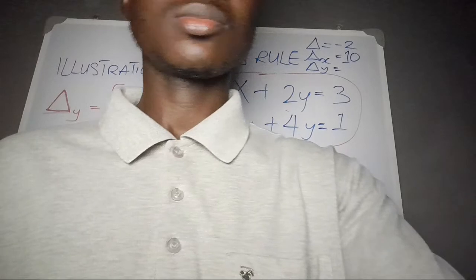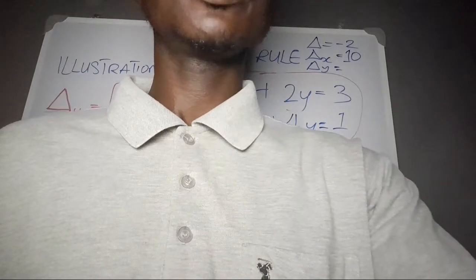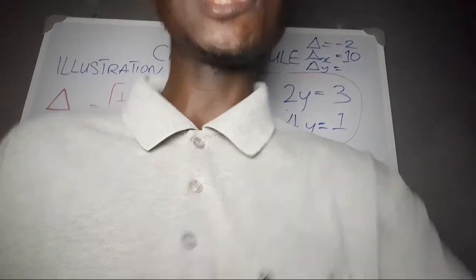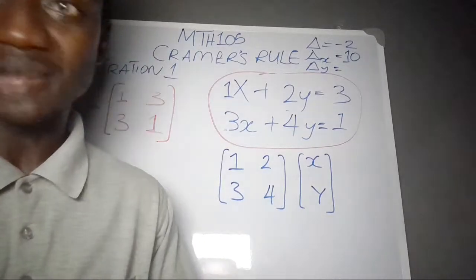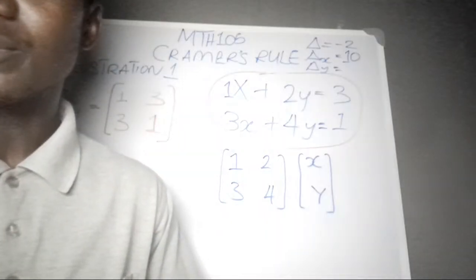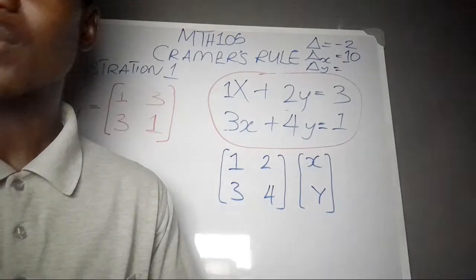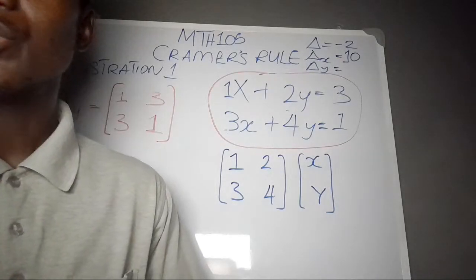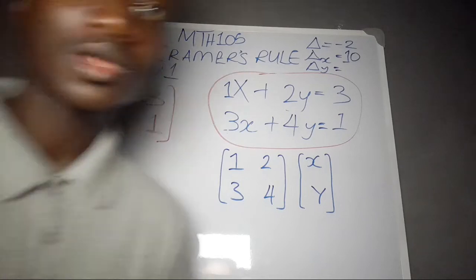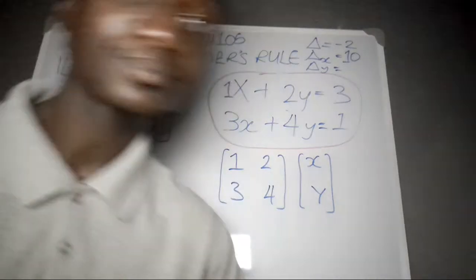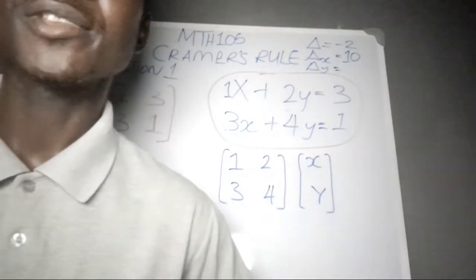Okay, if you have the hard copy of the material, I know you are streaming now from your phone, but if you have the hard copy, you can come to page 45. In page 45, we have Cramer's rule for solving equations.